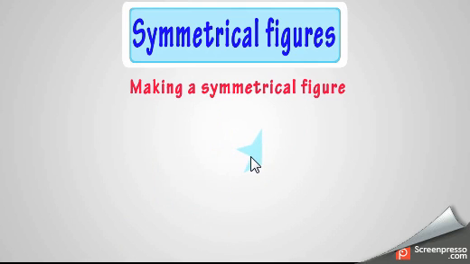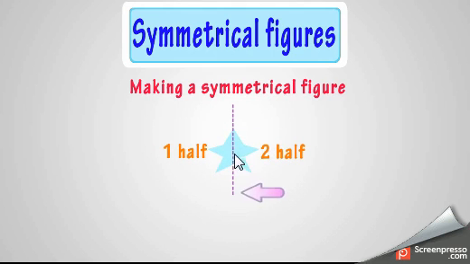It becomes two stars when I get the line of symmetry. This star is a symmetrical figure. This is one half and the second half completely covering each other, and this is the line of symmetry.